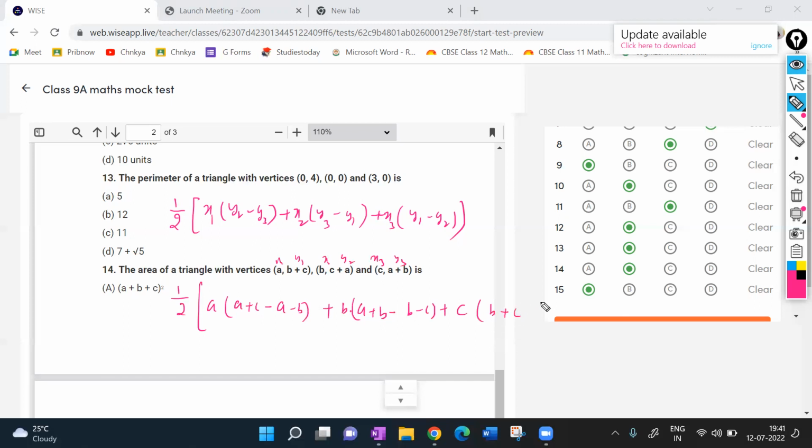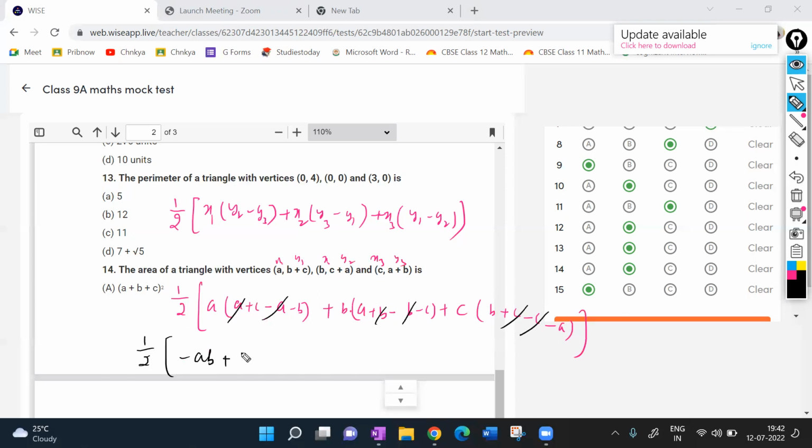So minus A plus A will get cancelled. Minus B plus B will get cancelled. So half into, what are you going to get now?